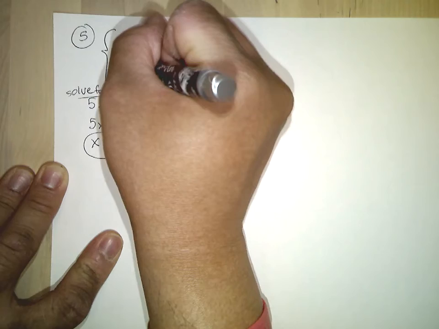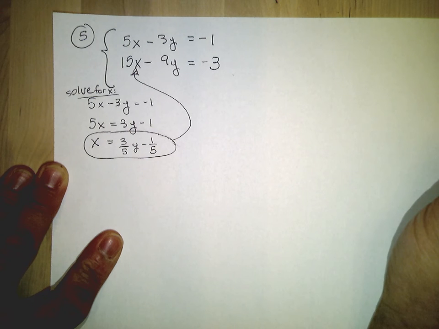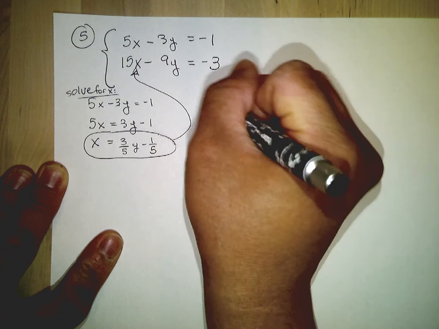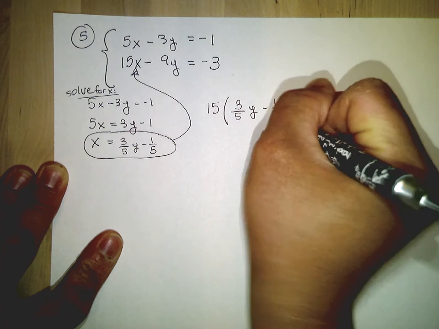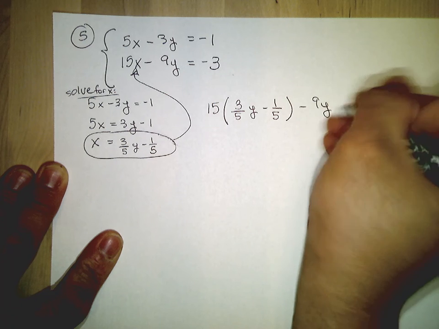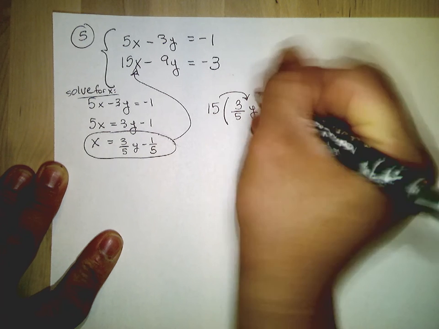So I can solve this by substituting this into the other equation. So I have 15 times (3 over 5 y minus 1 over 5) minus 9y is negative 3. Distribute.